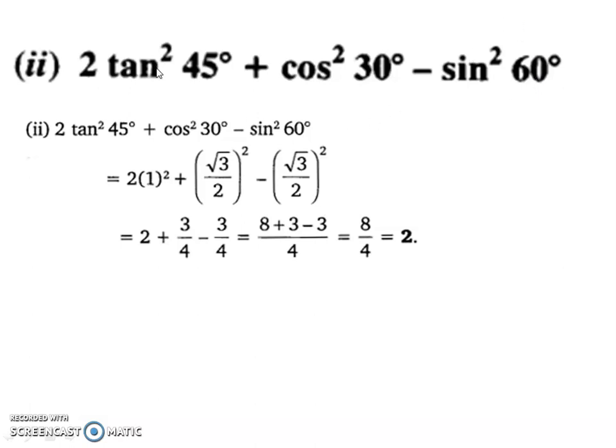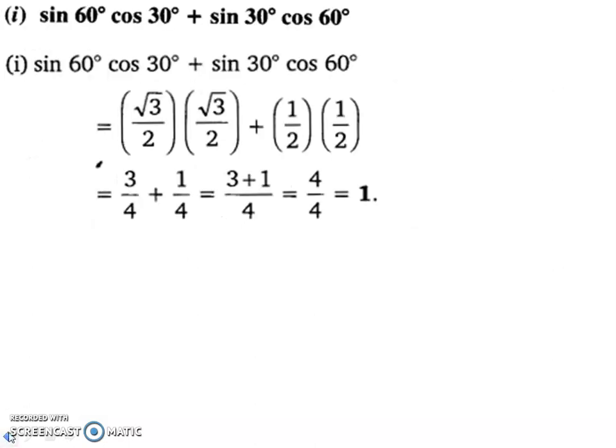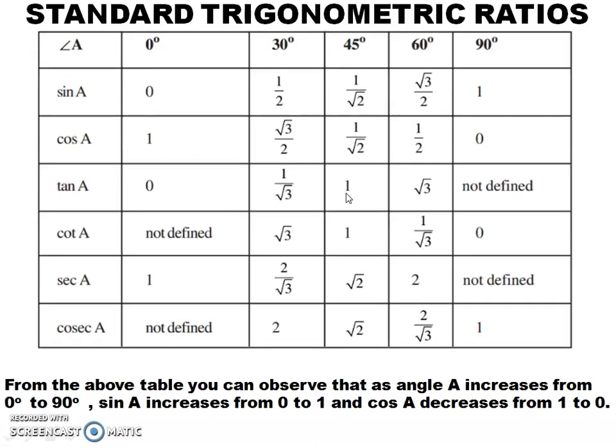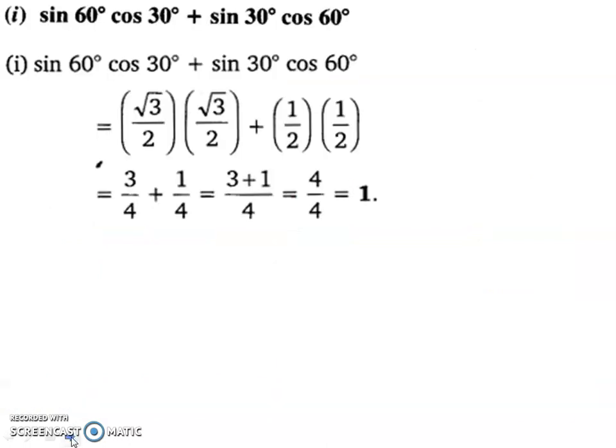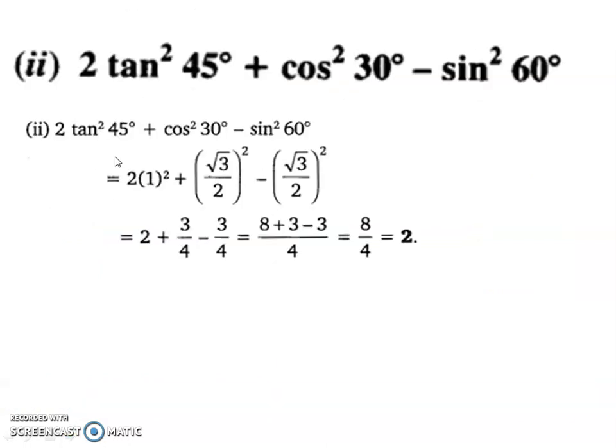Now, you know what is tan 45. Tan 45 is 1. Then, cos 30 is root 3 by 2. Sine 60 is root 3 by 2. Here, 1 square is 1 itself.